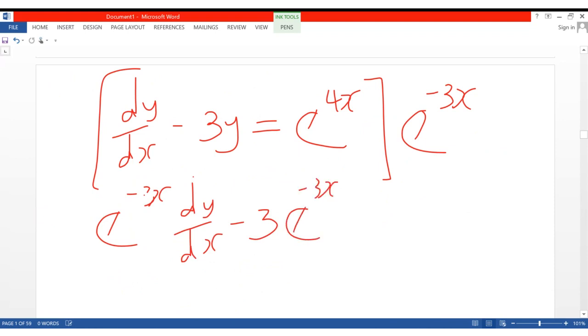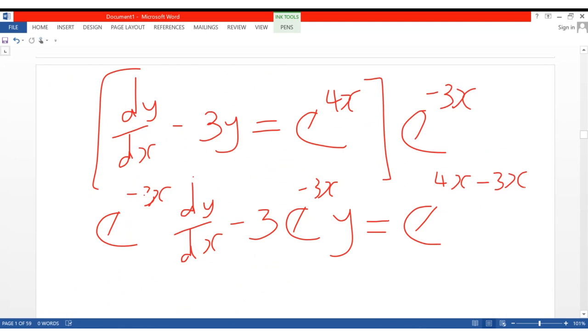This one, I can use laws of indices. They are under the same base, so I'll have exponential 4x minus 3x. I can subtract, yes, because when you're multiplying under the same base, you can add or subtract the powers.